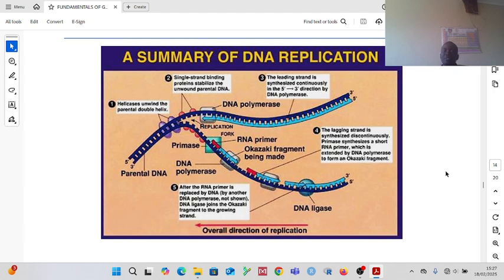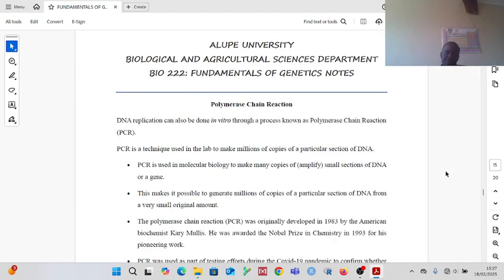So the process of DNA replication outside our bodies, or in vitro, is what is also called PCR, the polymerase chain reaction. You must have heard people talking about PCR.